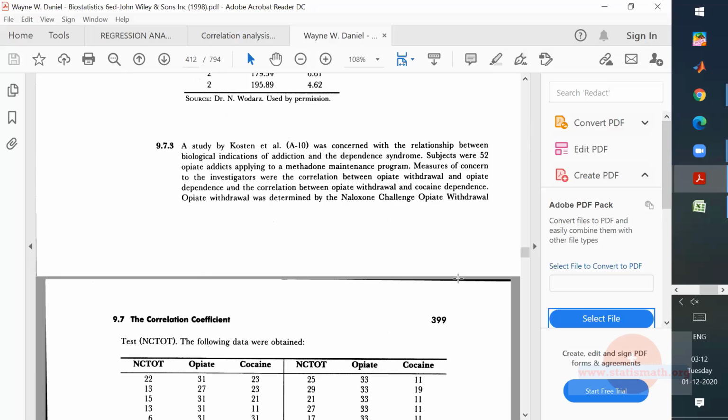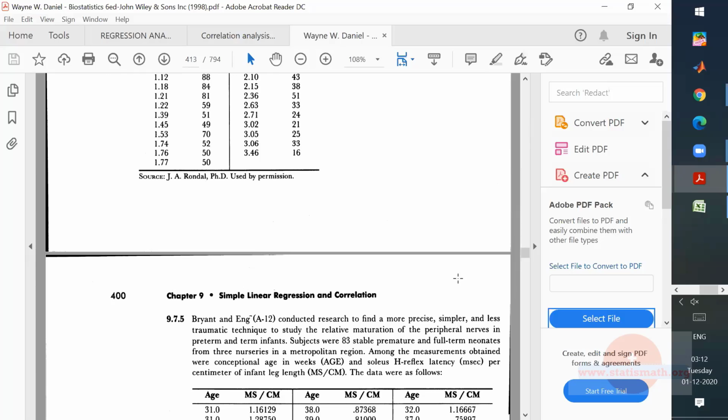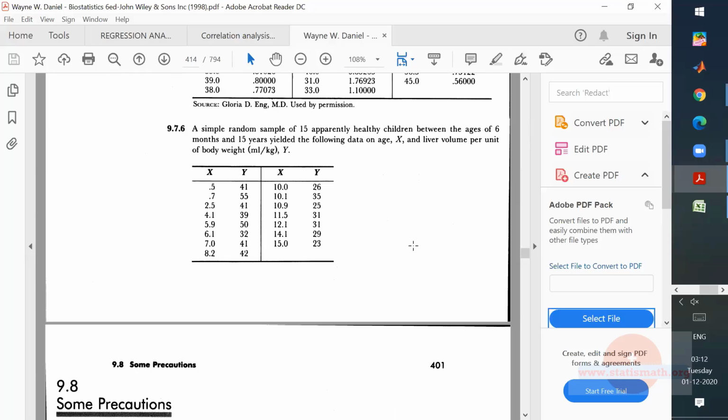So you can write the interpretation: 6 months to 15 years is the following data on X, and the liver volume. This is the liver volume per unit of body weight. So that means when the children grow, as the age increases, the liver volume per unit of body weight decreases. So when the age increases, the liver volume per unit of body weight decreases.